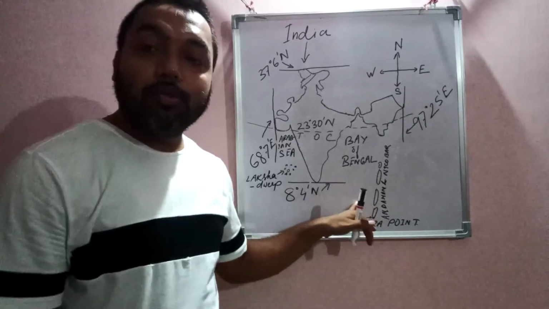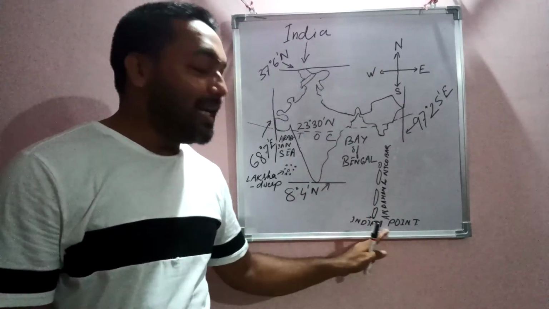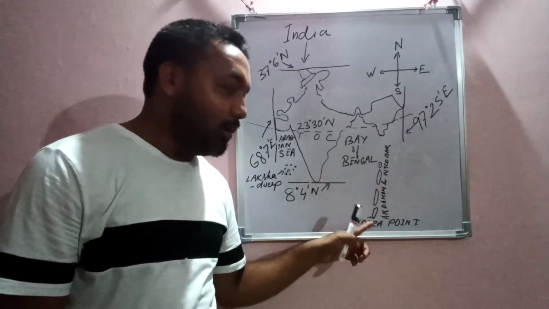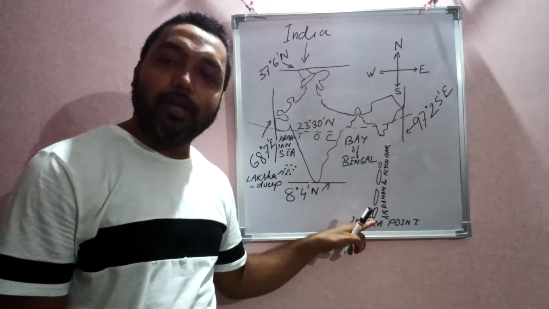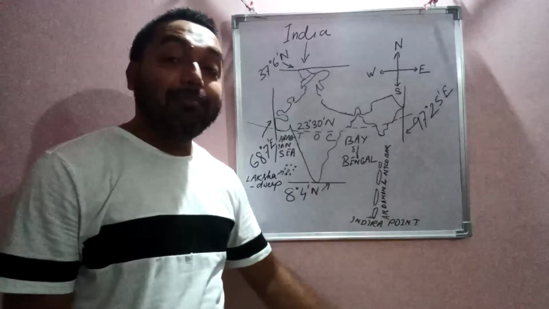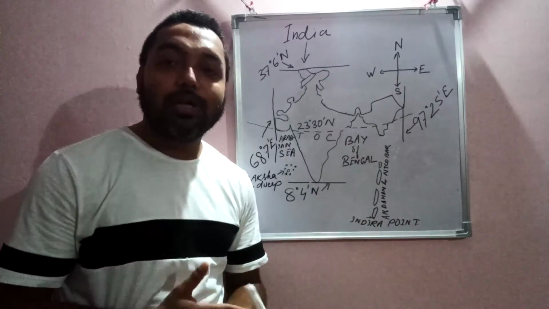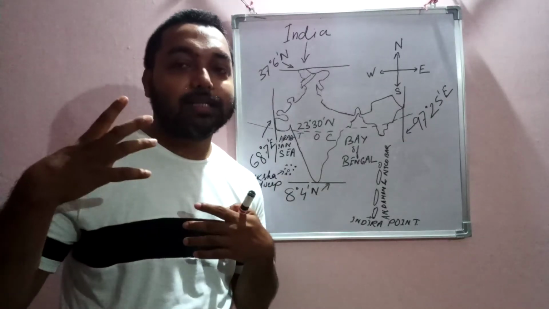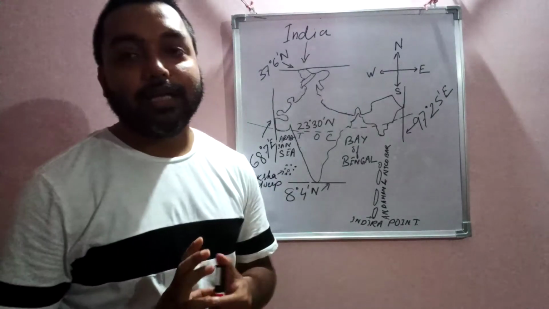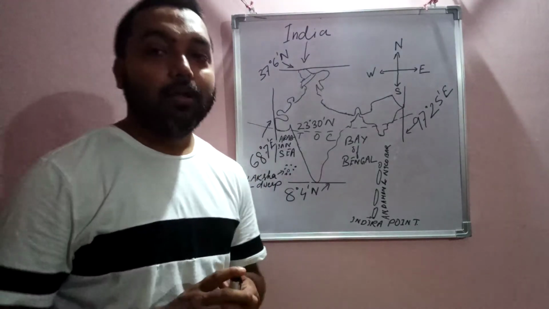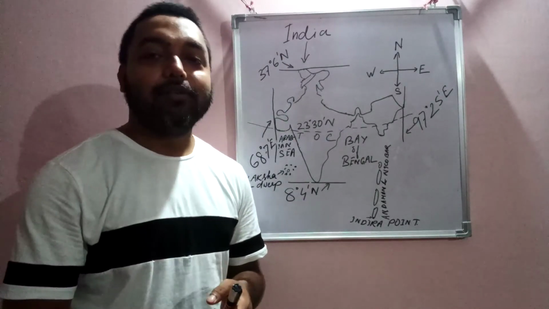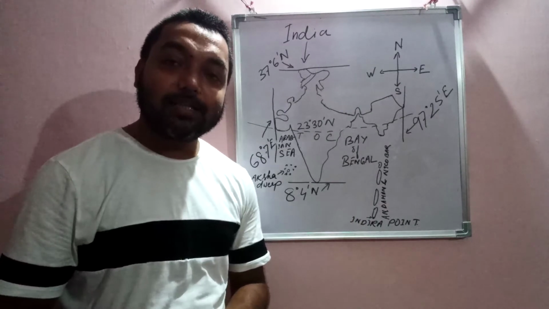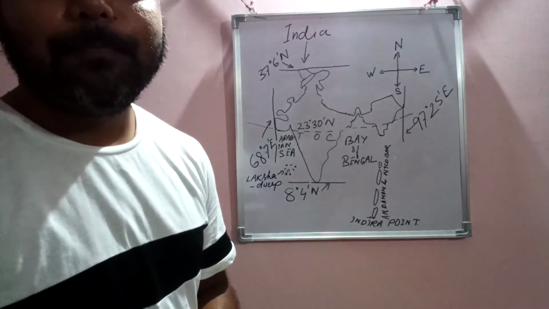The southernmost point of India is Indira Point, situated in the Andaman and Nicobar Islands. This Indira Point got submerged during the tsunami in 2004. There was a big pillar which demarcated the southernmost point of India, but that pillar is now half under the ocean. But this is still indicated as the southernmost point of India.